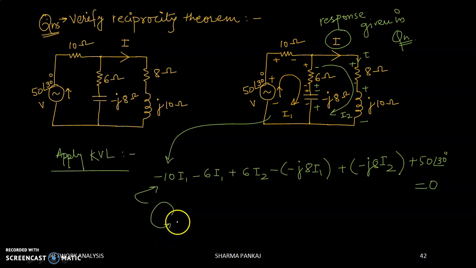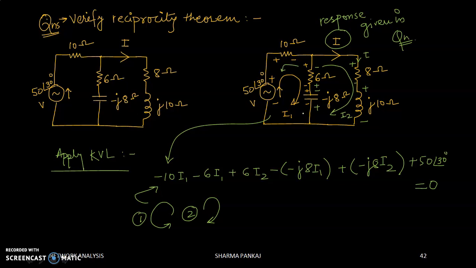You are actually free to choose any direction; you can also write in the direction specified by current I. It is not a big deal. I started from minus 10 I1 because I am moving from here to here: minus 10 I1 minus 6 I1 plus 6 I2.